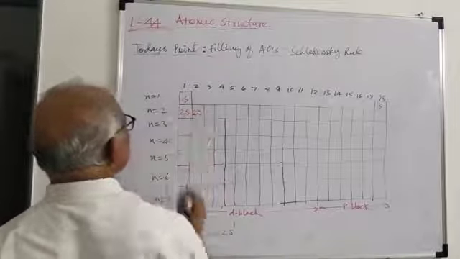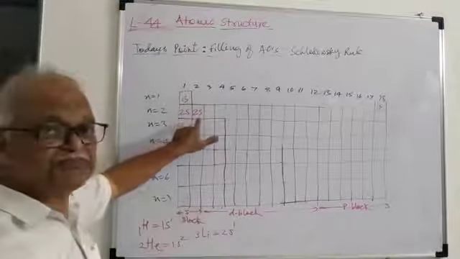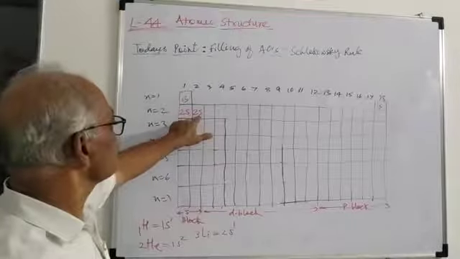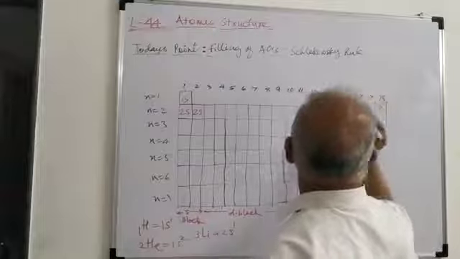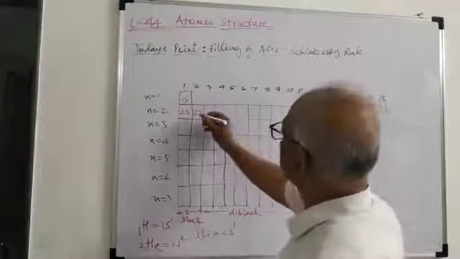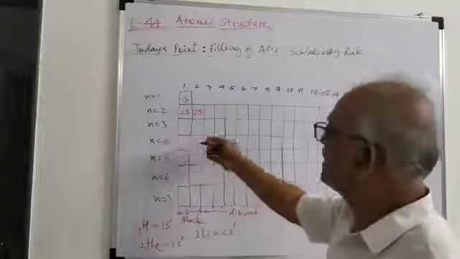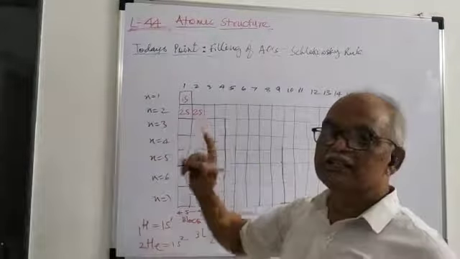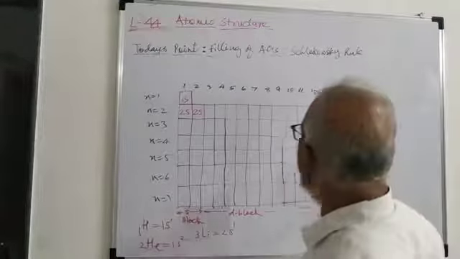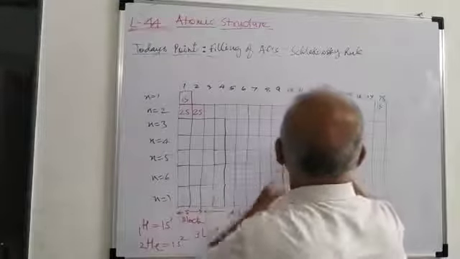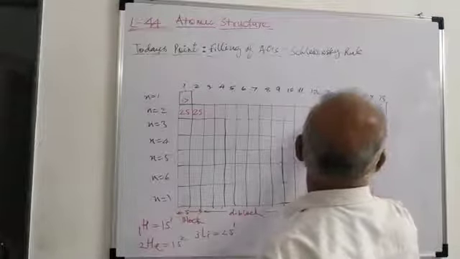So its s is completed. Then the next orbital is opening here. We have seen just before that after 2s, the next atomic orbital of slightly higher energy is 2p. So it begins from this 13, 14, 15, 16, 17, etc.